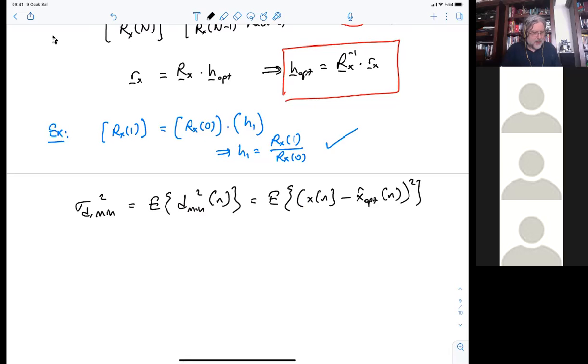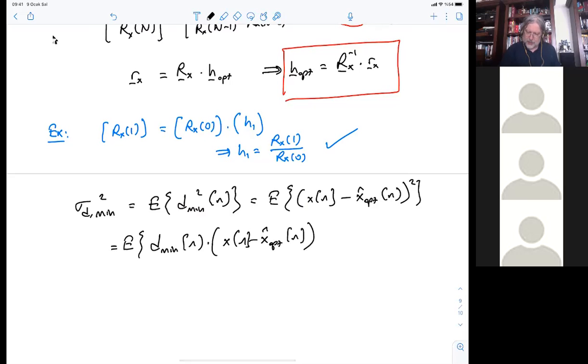And from the orthogonality principle, we can write something like this. I will leave one of them as d, not with a square, but with d of n, and the other one as x of n minus x hat optimum of n, okay?